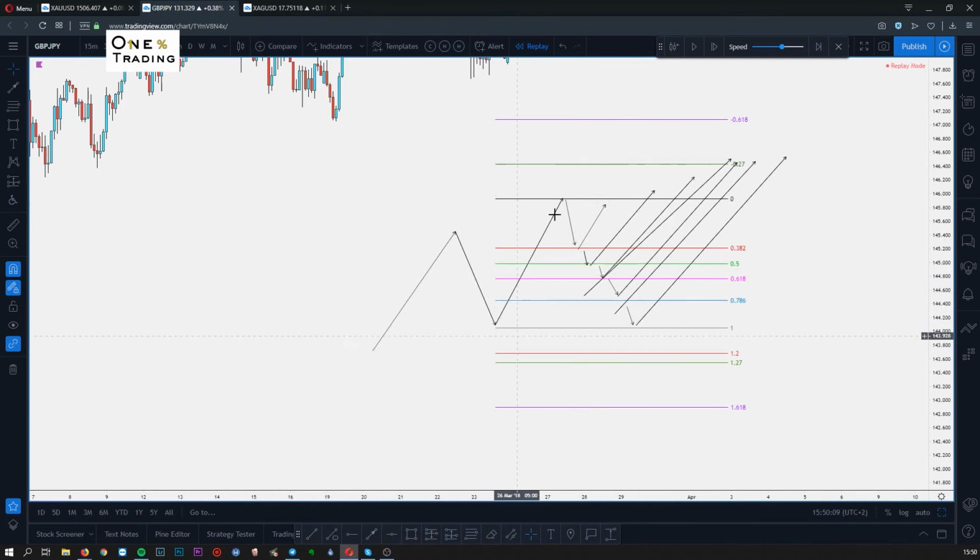Now we're in an uptrend, so obviously we're only looking for buys, and from when we figured out that this is an uptrend, the only question is really, is the price going to reverse from this area, maybe this area, maybe this area, and then go to the upside from here?